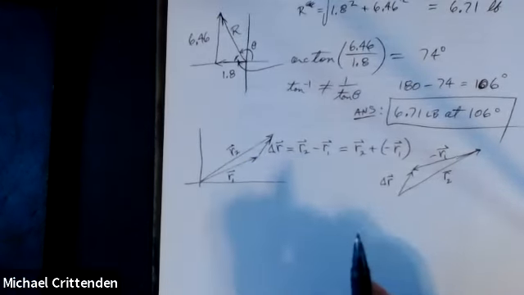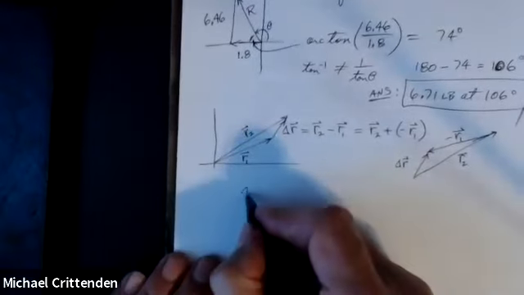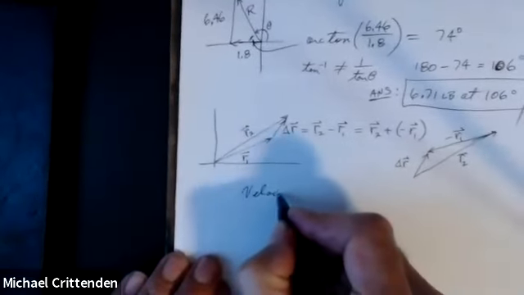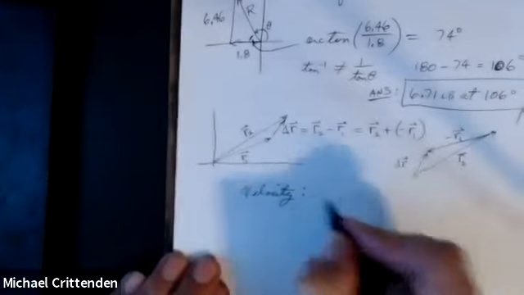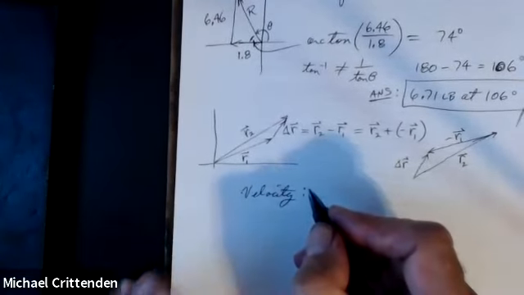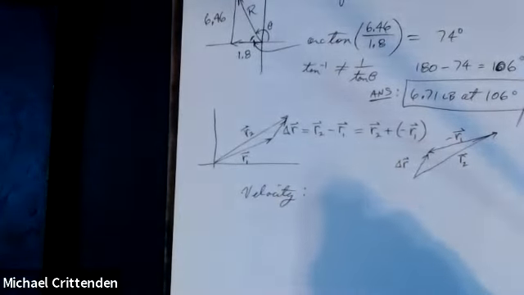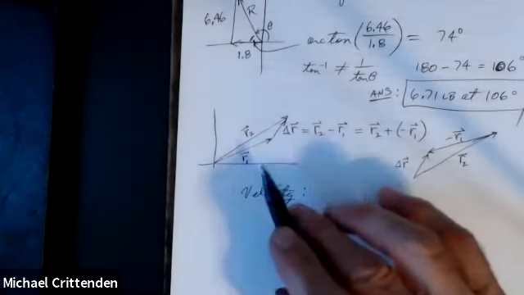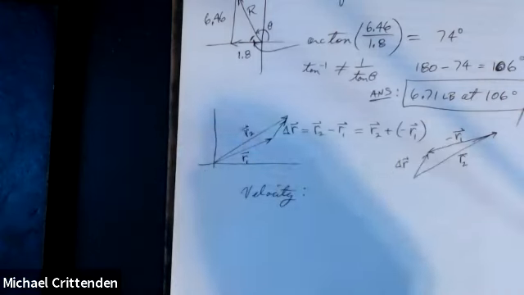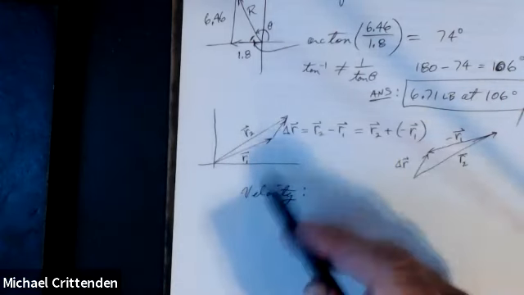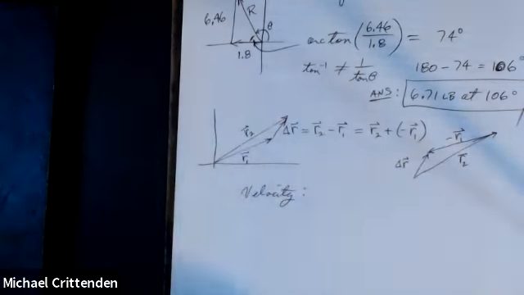So velocity, instantaneous velocity would mean that you have to let the time, t2 minus t1, the time to get from one point to the other, approach 0.